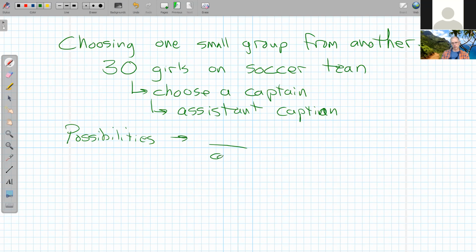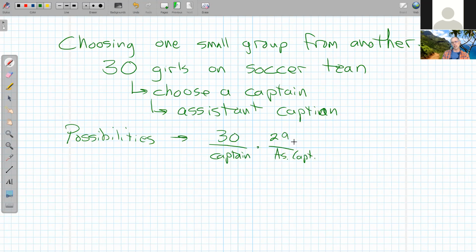For the captain, I think we're going to choose the captain first. There are 30 possible girls to choose from. Now, one of those girls is captain. She can't be assistant captain too, right? So when we choose the second captain, the chance of someone becoming the second captain is actually a little better, because now there's fewer girls to choose from. So for the assistant captain, it's a little easier to choose. There's one less person in the denominator.